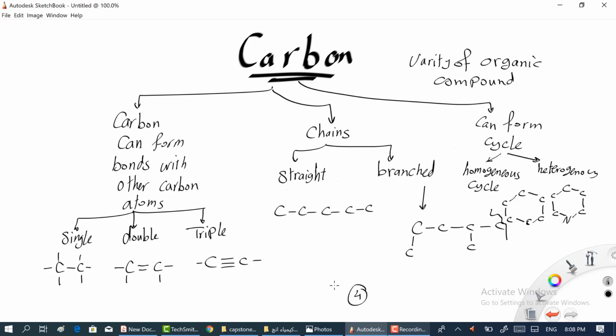Let's talk about the properties of organic compounds. Firstly, before the properties, let's talk about the classification of hydrocarbons or organic compounds. The organic compound has carbon and hydrogen in its structure.